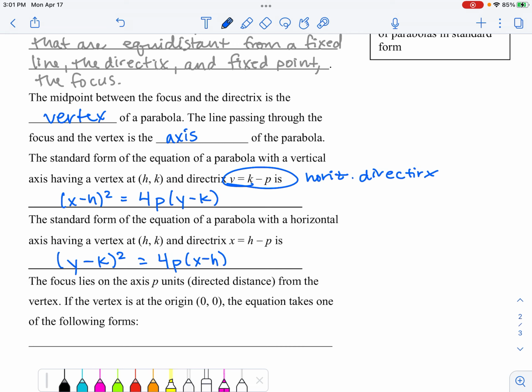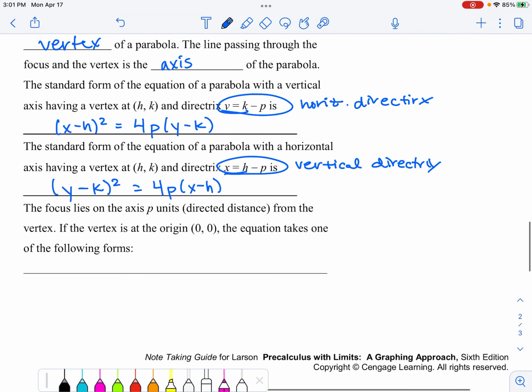And this is if it has a vertical directrix. And then the focus lies on the axis, p units from the vertex.